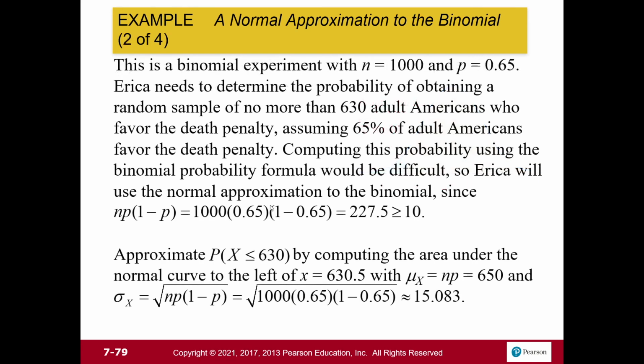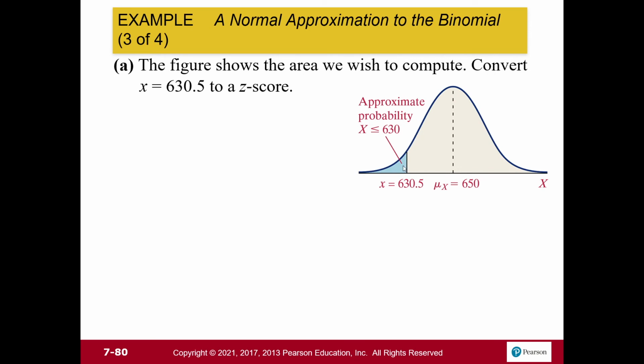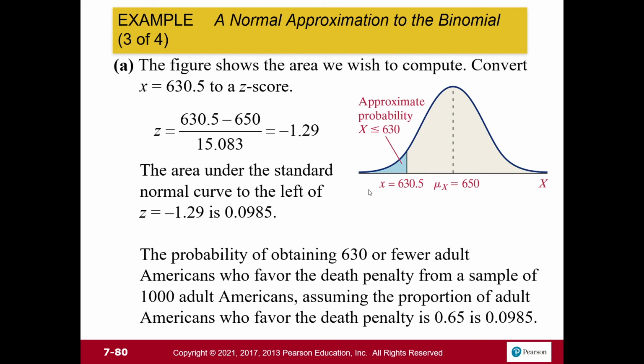And now we will use the table. We can convert our z-score, but it's probably best to use technology. But what they're going to do is take 630 and convert it into a z-score. Because the normal distribution table doesn't change. It's the numbers that change. So if you standardize it, then we're referring to the same thing every time.